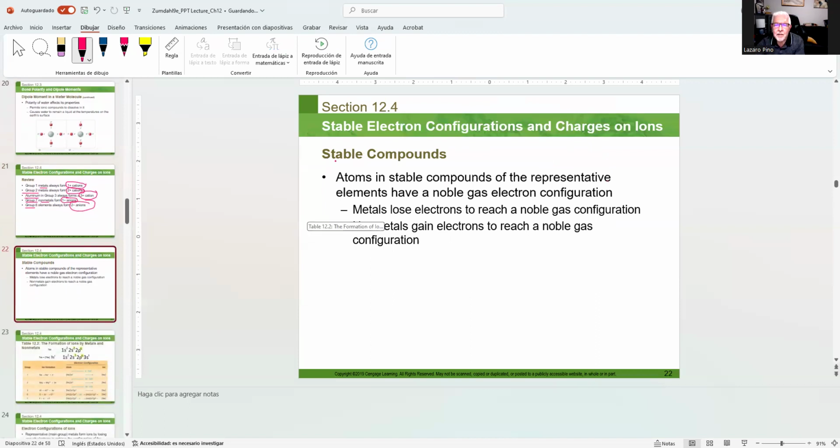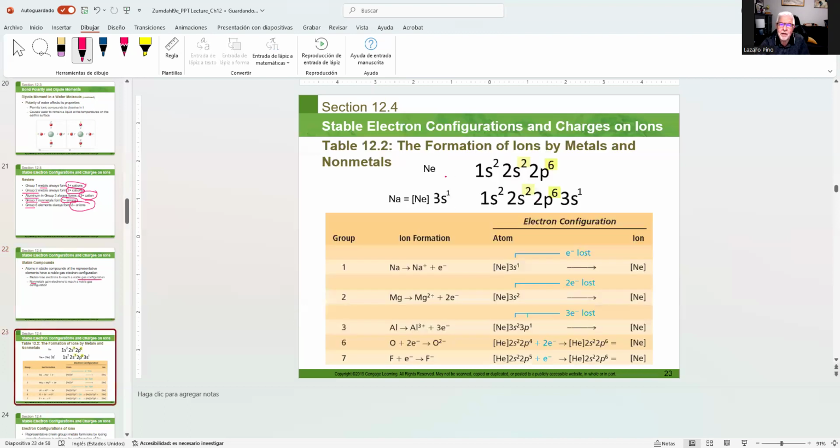The atoms in stable compounds of the representative elements have a noble gas electron configuration. The metals lose electrons to reach the noble gas configuration, and the nonmetals gain electrons to get the noble gas configuration. For example, here we have that neon is a noble gas and the configuration is this one.